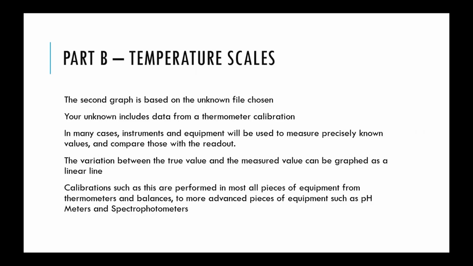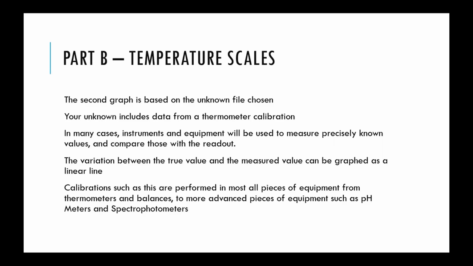In this case, you're going to be preparing a calibration graph based on measured known values that are given in the unknown file. The unknown files are found on the course Blackboard site.